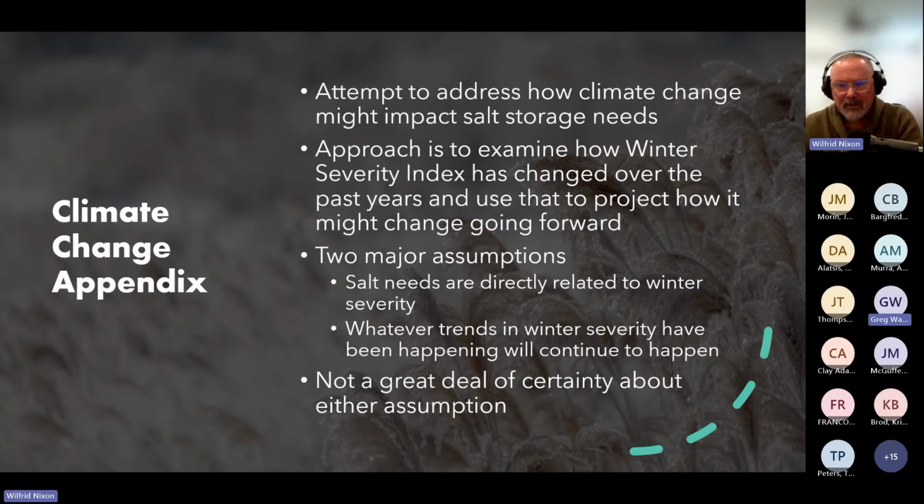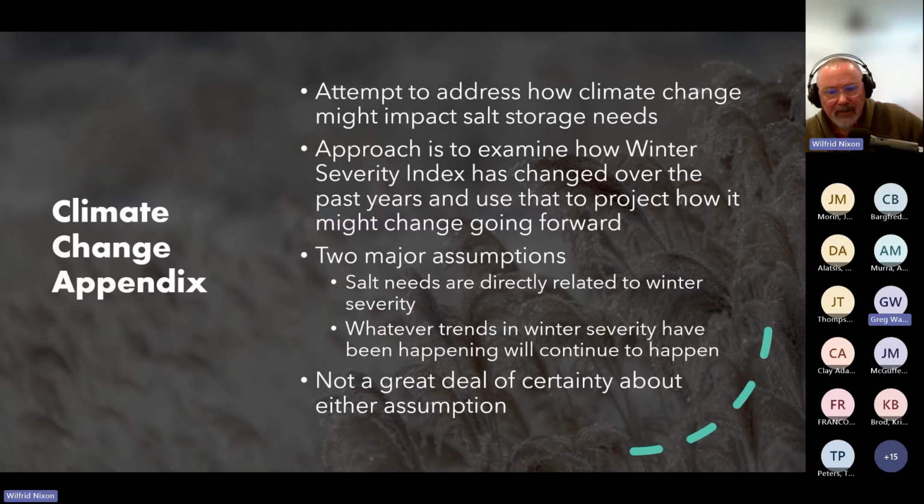The second assumption, and this is the one that is most concerning, is that whatever trends in winter severity have been happening will continue to happen. And the concern there is similar to the concern about investment in anything, that past results are not a guarantee of future results.